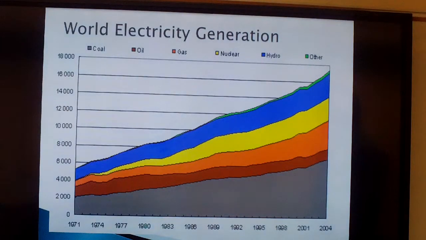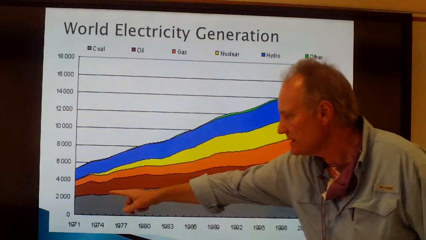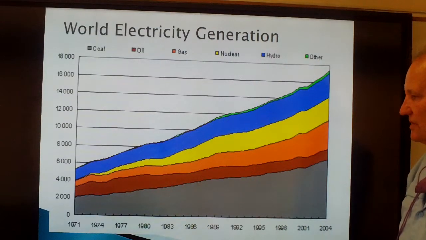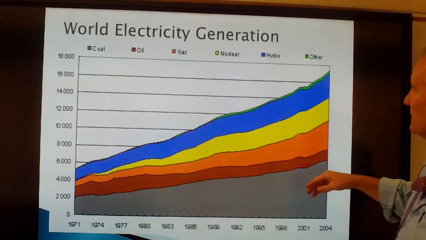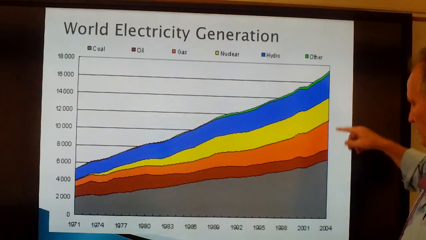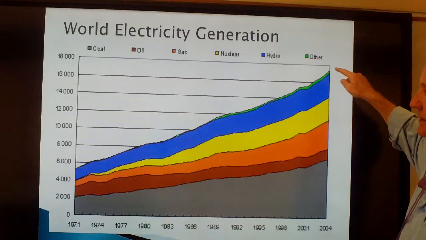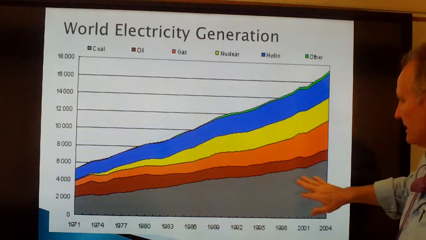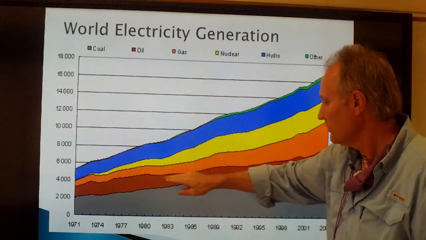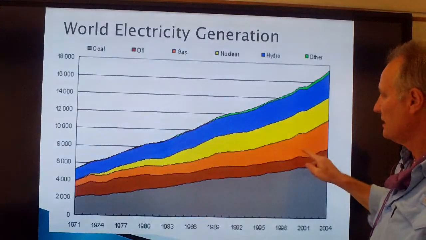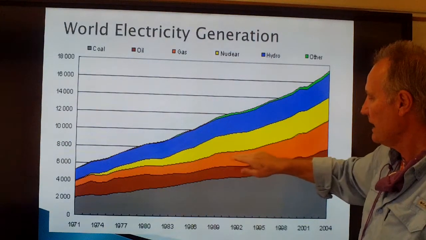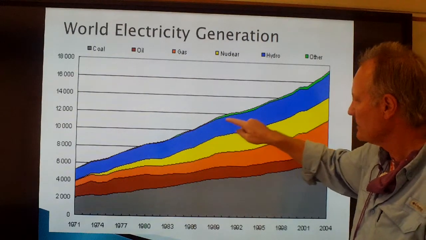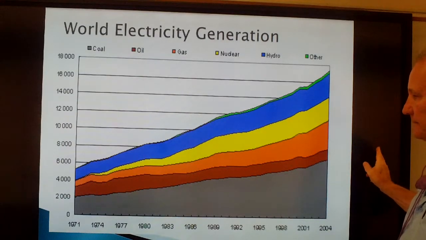And let's look at world electricity generation. From 1971, here we were at about 5.7, and this is in terawatt hours. And by 2004, we were up to about 17,000. And notice where most of it was coal. There was a pretty big strip of oil in here, and gas, and nuclear, and then hydro, and all the others have been relatively thin.